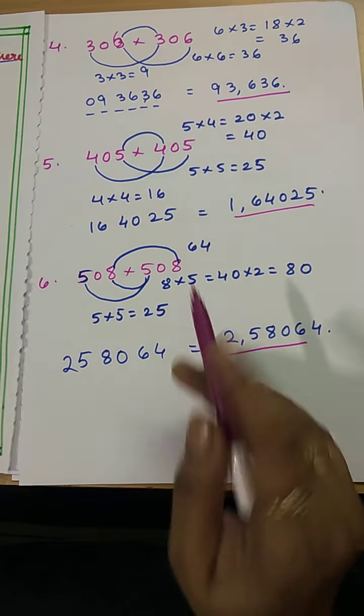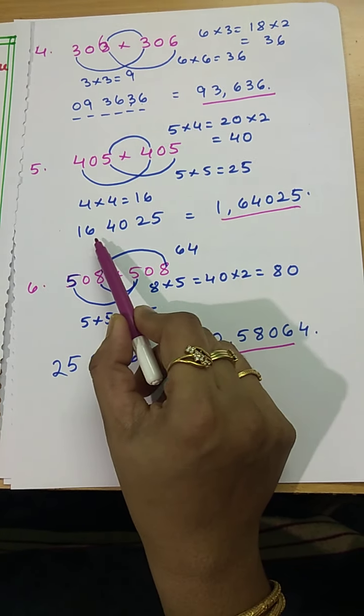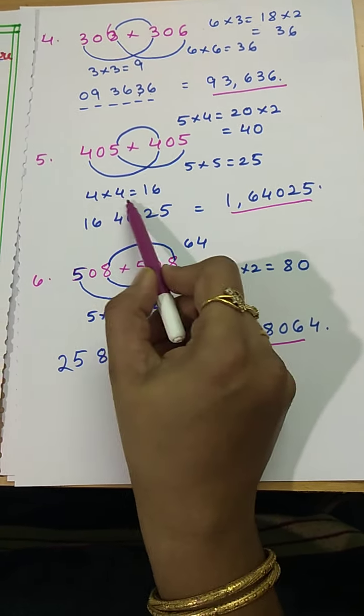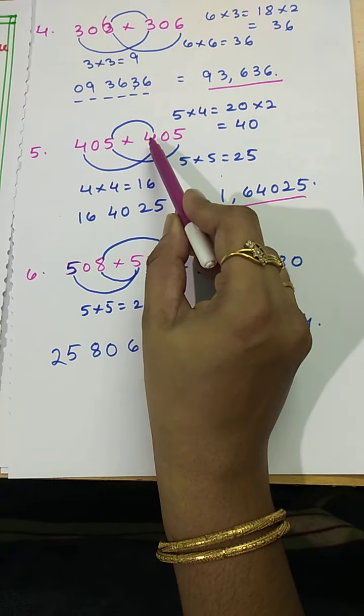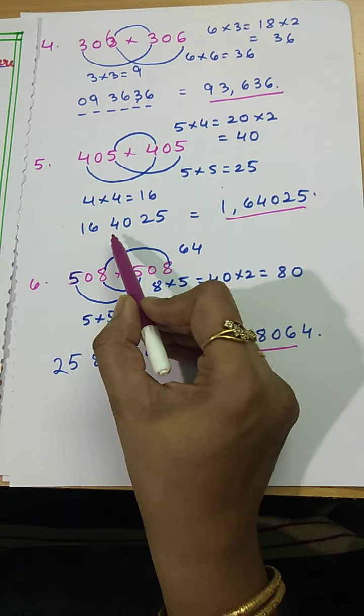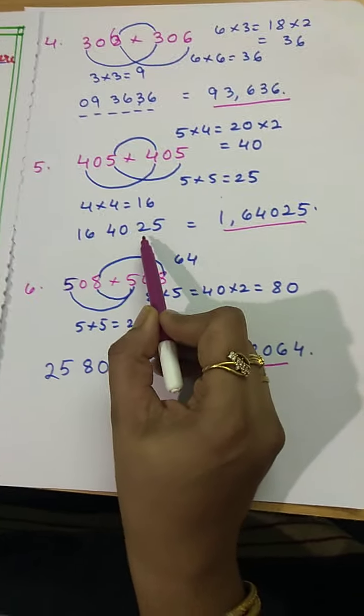In the case of 405 into 405, all values are 2 digits. Here 4 into 4 is 16, 2 digits; 5 into 5 is 25, 2 digits; 4 into 5 is 20, into 2 is equal to 40, also 2 digits. So in 2-digit cases we can write directly.